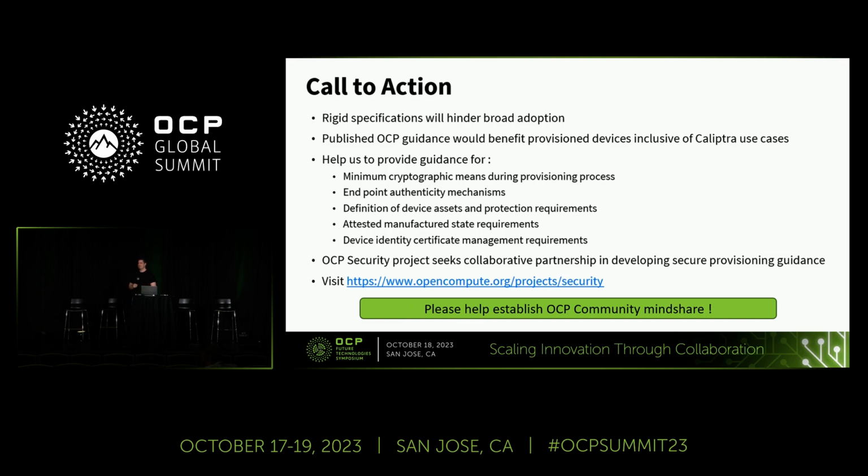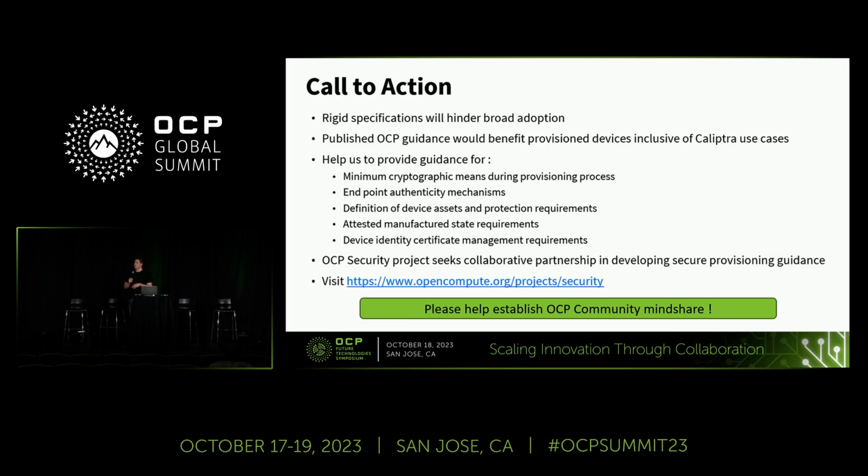Have you put any requirements in related to RMA, when the part is returned back to the factory, if you would ever want to re-provision? Should there be requirements related to that? I think it's going to be really hard to provide generic requirements there, because what happens at RMA is going to end up being really device specific.